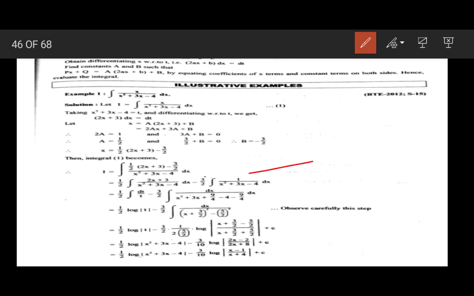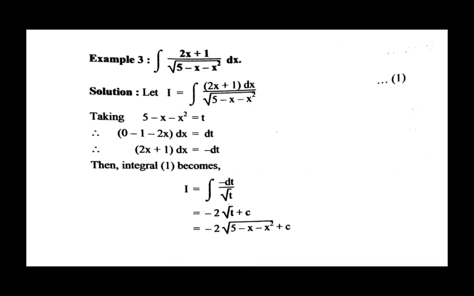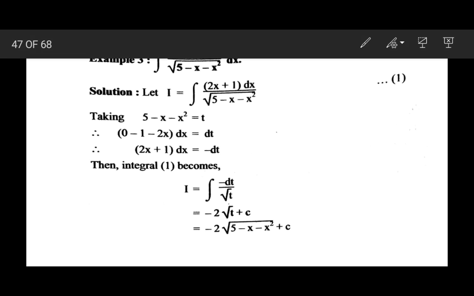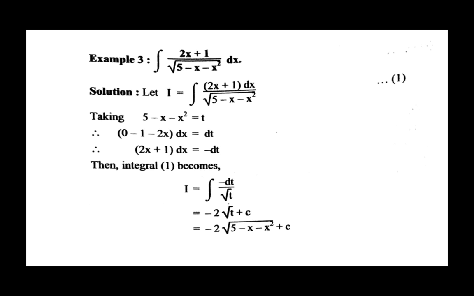Okay, now let's see one more example. So second sum, as you can see. I guess this is the second sum. Numerator is 2x plus 1 and denominator is under root of 5 minus x square.